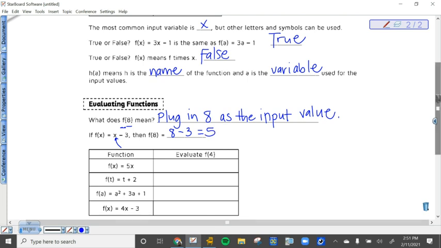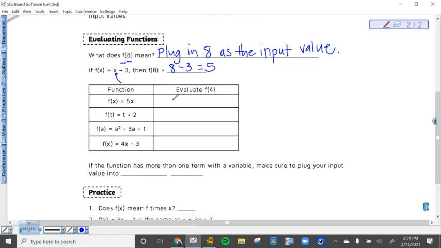Okay. Let's do some more practice. So f of x equals 5x. Now we want to evaluate f of 4. So what does f of 4 mean I do? Yeah, I just plug it in. I plug it in for x. So f of 4 equals 5 times 4. 5 times 4 equals what?